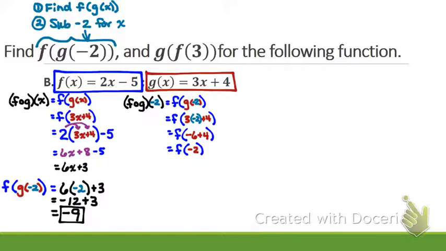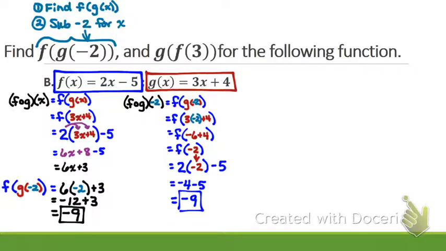What is my function f of x? Yep, 2x minus 5. So I'm going to put -2 in the place of x minus 5. So -4 minus 5 gives me what? -9. What did we get when we did it the other way?